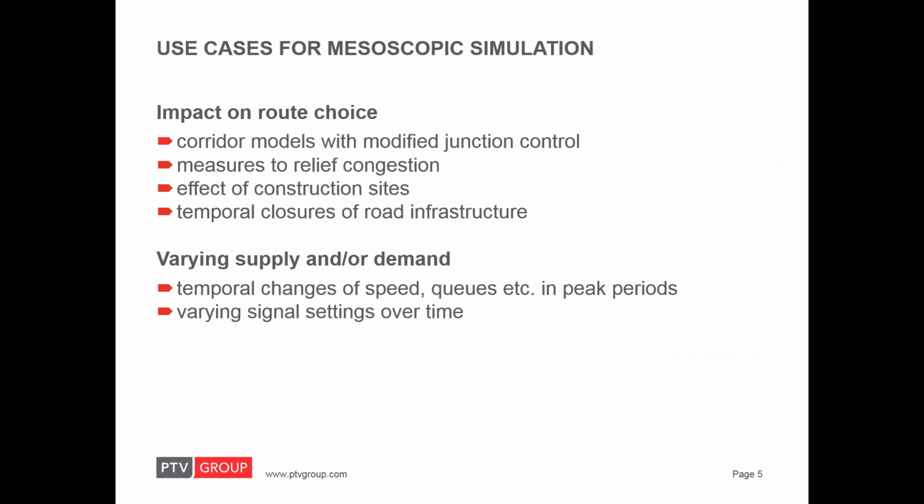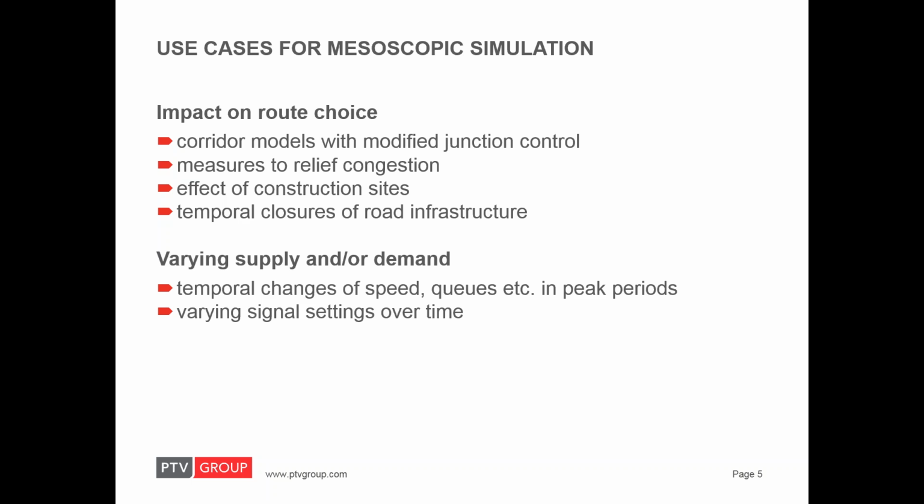So what are typical use cases for mesoscopic simulation? Generally, one can say mesoscopic simulation should be used if you model a reasonably large area where the measures that are evaluated have an impact on route choice. Or, to put it in other words, with the measures implemented, for example, in a do-something scenario, you cannot assume that the drivers will stick to their original routes.